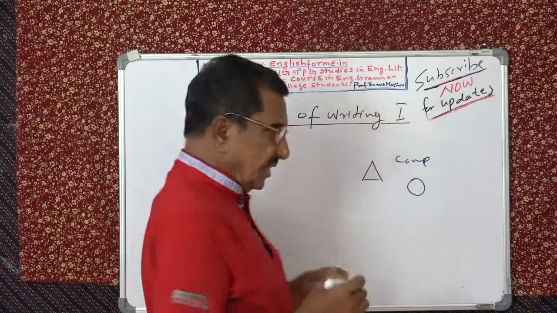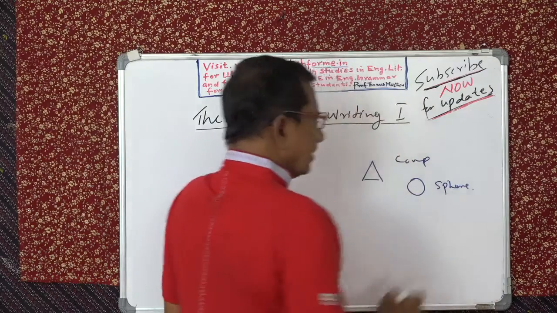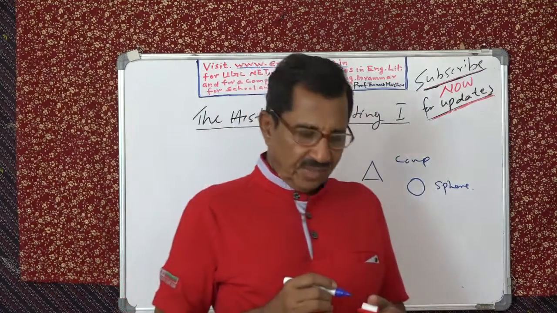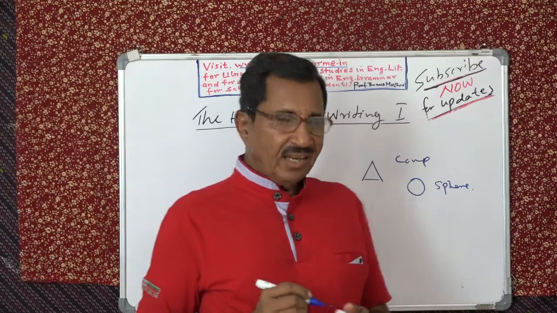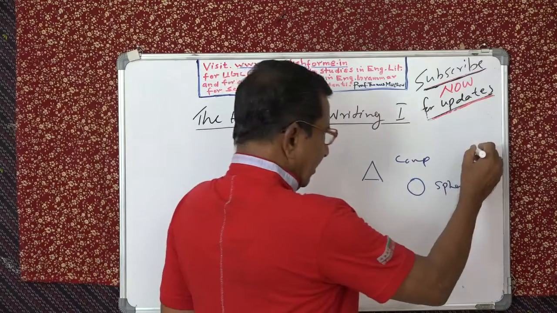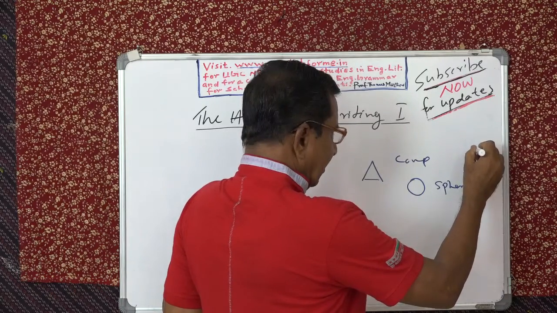Sphere is a circle, sphere shape. Then L, English L, small L. You write like this. That's all.